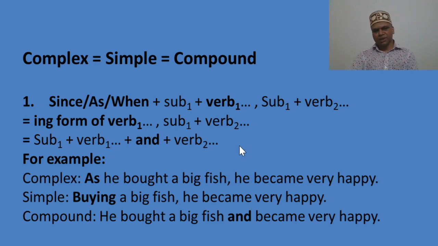And if we want to make it a compound sentence, we just omit since, as, when, and in place of the comma use "and", a coordinating conjunction. If the subject of both clauses is the same, we usually do not repeat the subject in the second clause or principal clause.